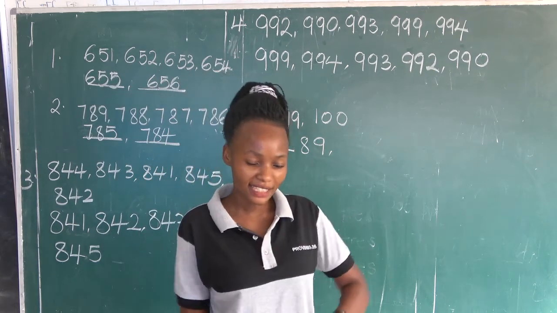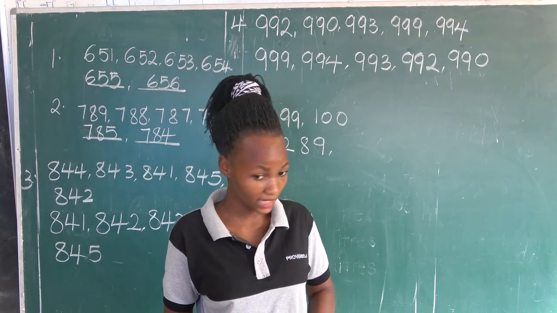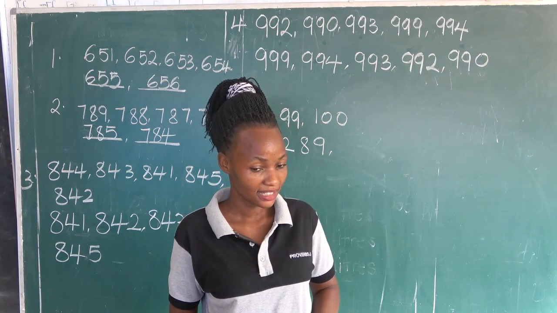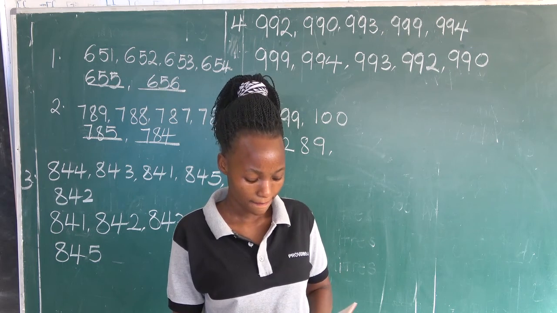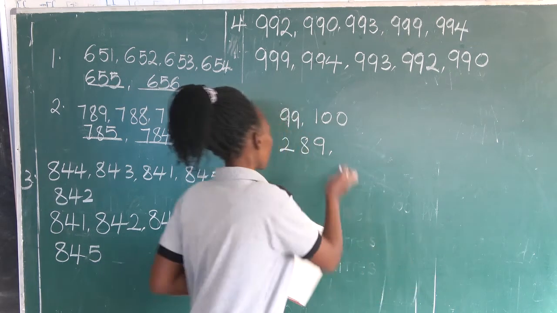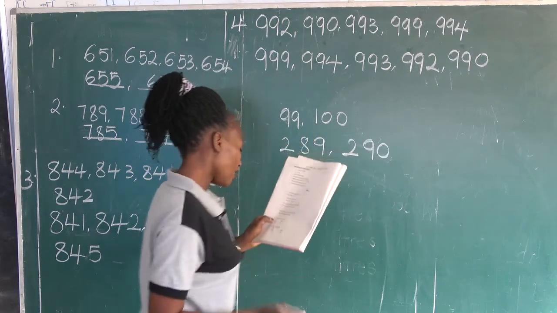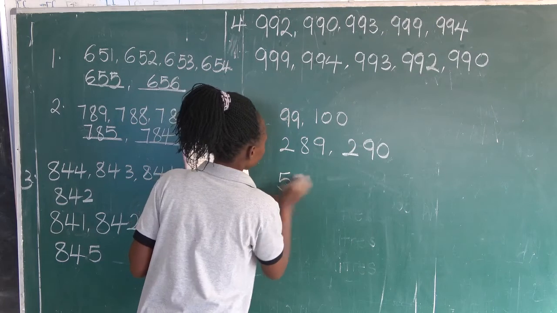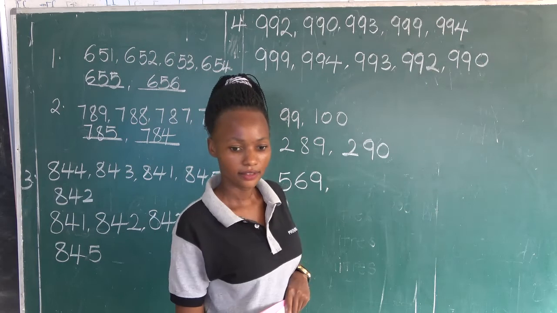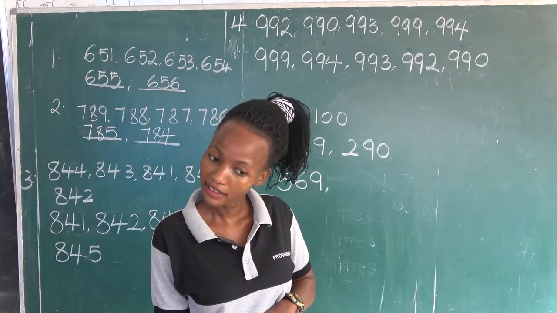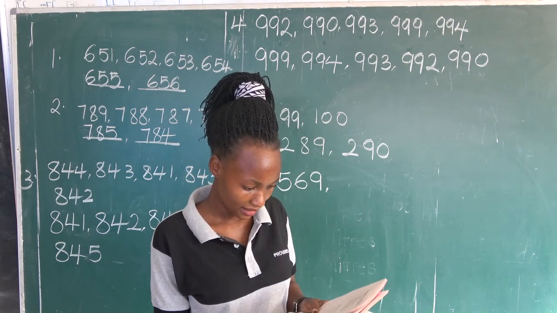Sean, give it to me. Sean? Thank you. 290. Then we have 569. Which number comes after? Yes, please. It seems Luswata's page 46 has totally different things.